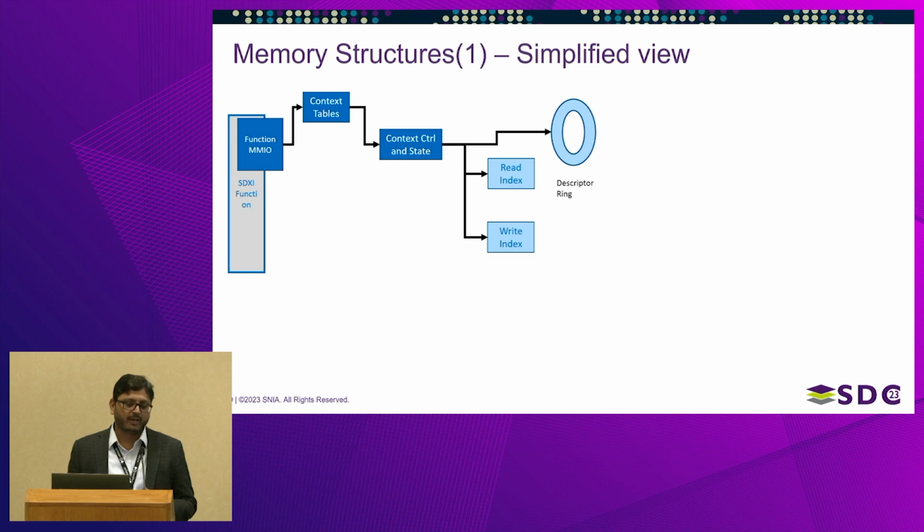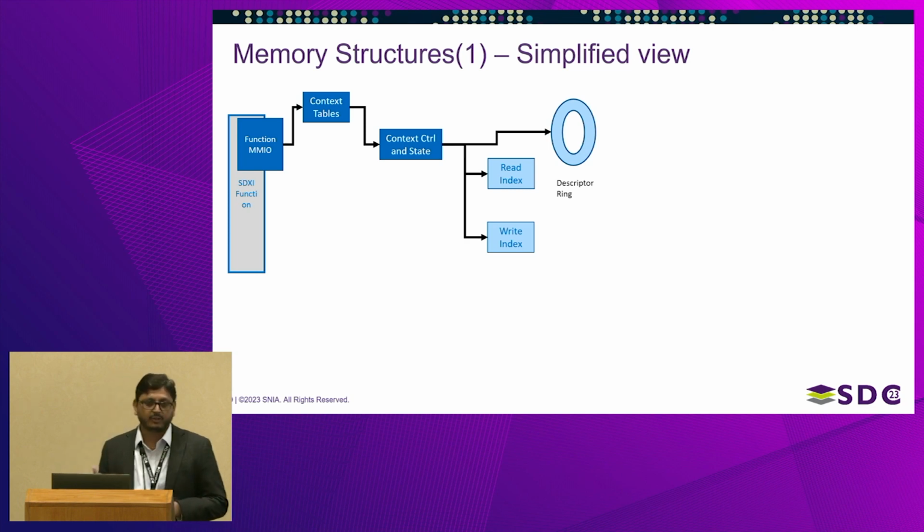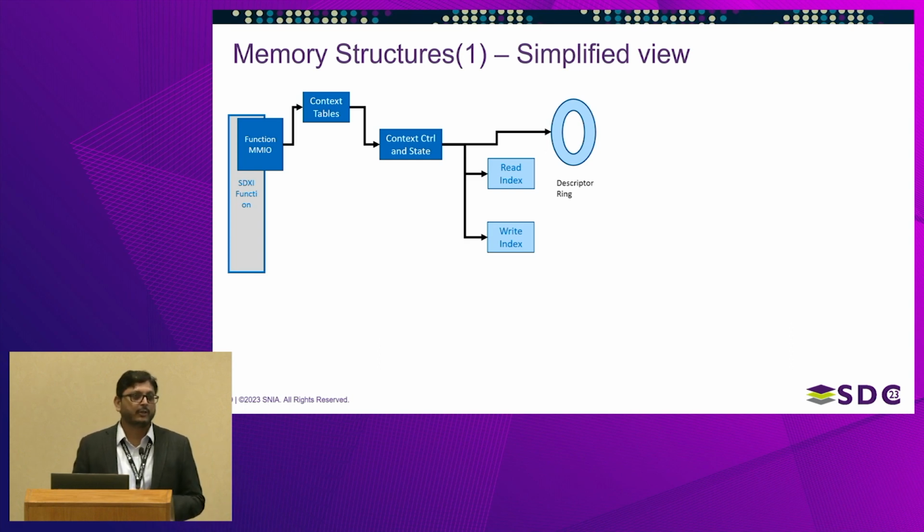The ring works like any typical descriptor ring works. Anytime you enqueue a work descriptor, you increment the write index from a producer's point of view. The reason I say producer is because it may be software or it could be something else that enqueues the work. Anytime the function reads the descriptors, the read index is incremented, and there is a mechanism to notify using doorbells of new work.